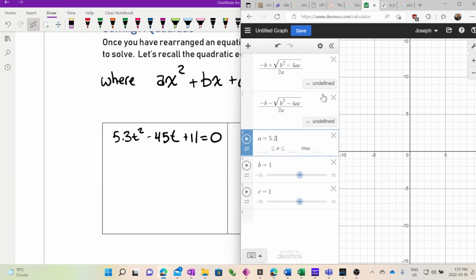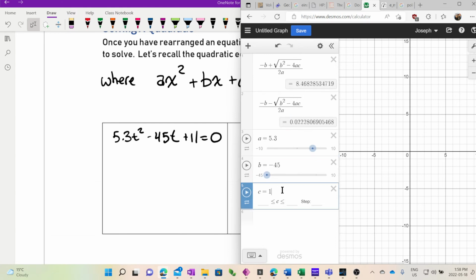By the way, it's saying no answer right now, because right now this is an impossible quadratic. Hopefully I didn't screw up and give you an impossible one. No, we're good. What's the b value? Negative 45. Be careful with that. Hey, we've got a value. And c? 11. And how many values do we get?